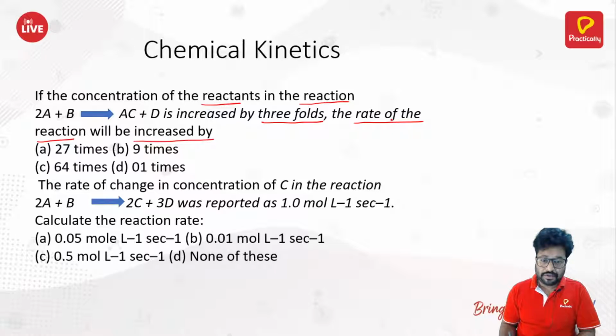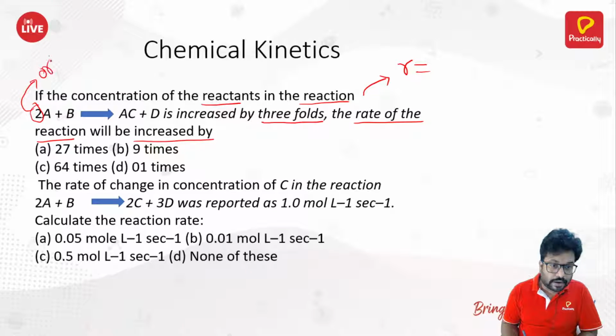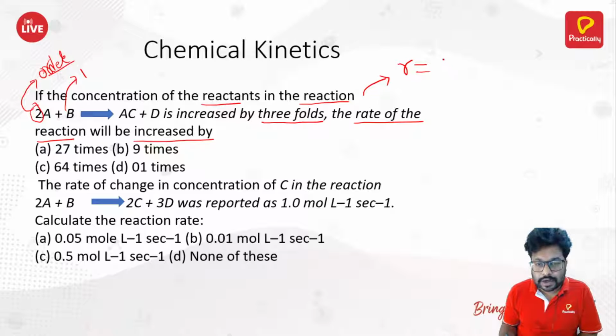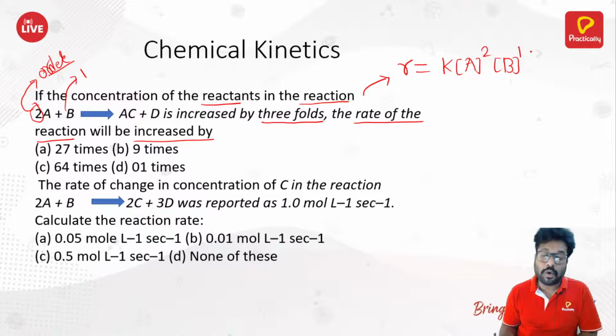Now we don't know the rate equation for this reaction, but when we don't know the rate equation, always remember the stoichiometric coefficient is your order. So as far as A, it is 2. As far as B, it's 1. So R is equal to K, A raised to 2, B raised to 1.